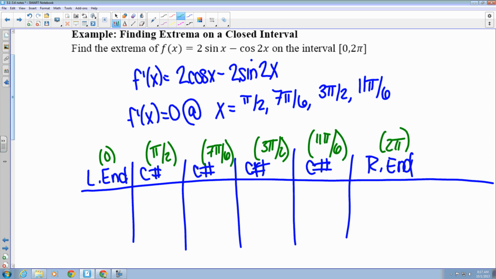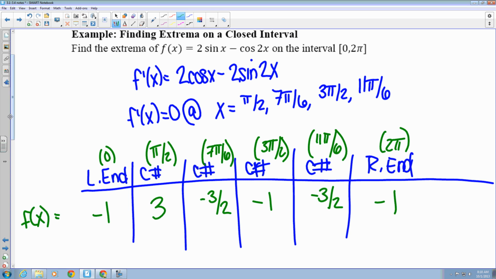Okay, now I'm just going to plug each one of those into the function. Here I get -1, 3, -3 halves, -1, -3 halves, and -1. These are all of our function values every time.